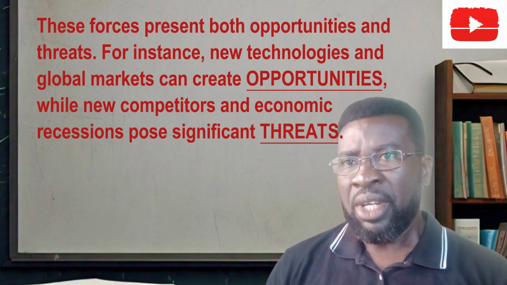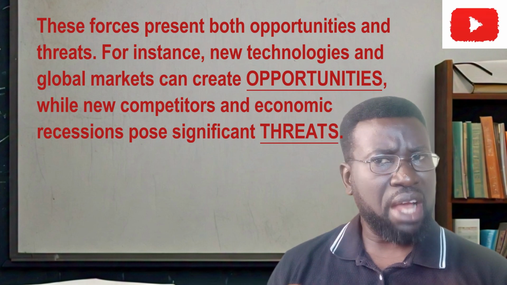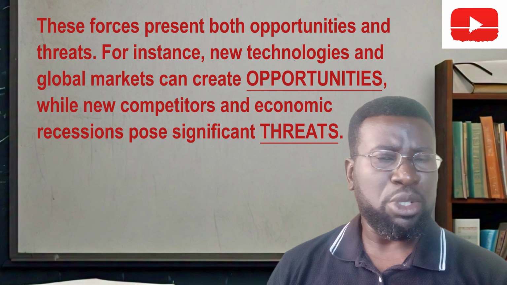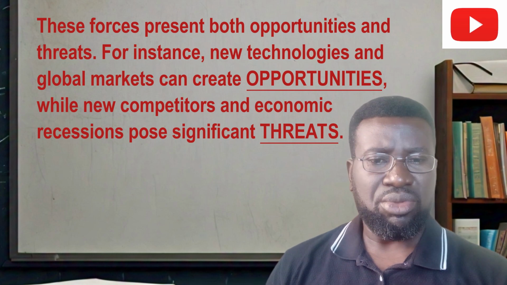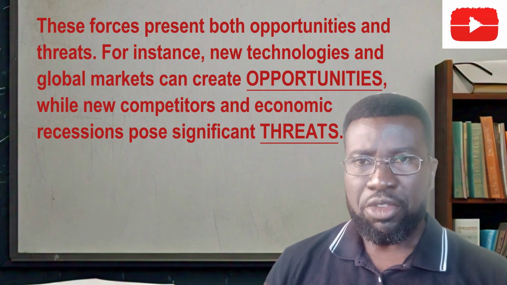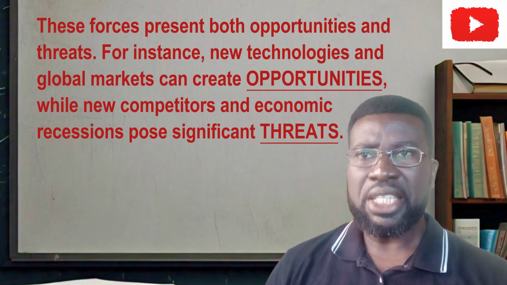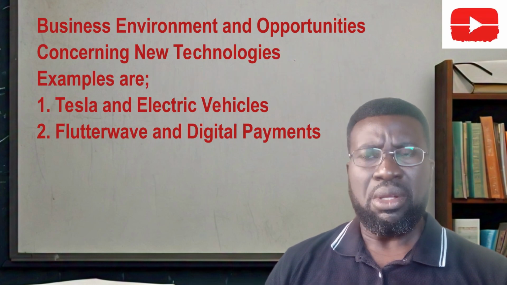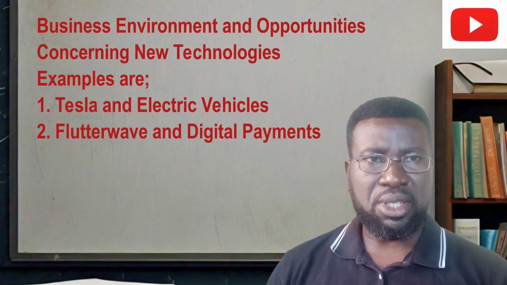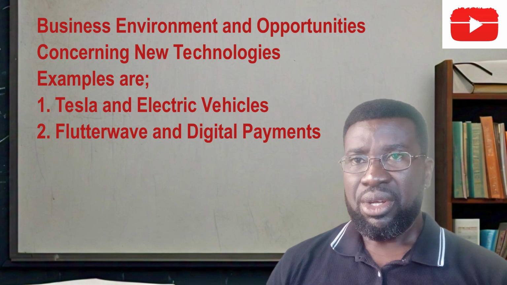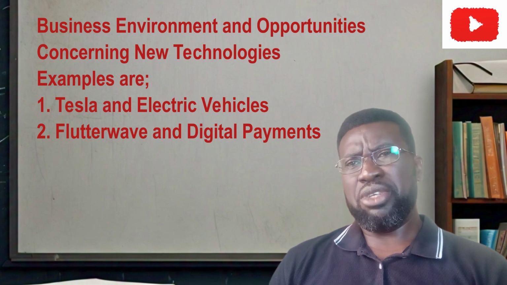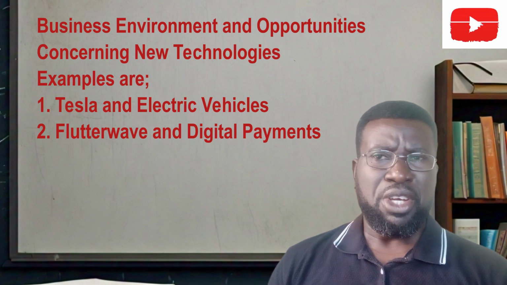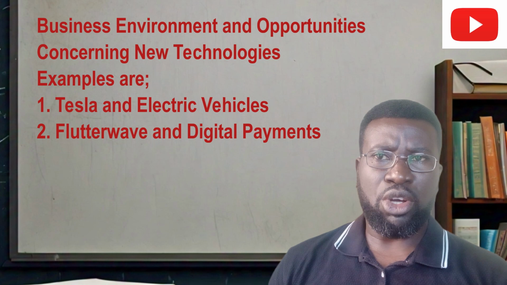Now let's highlight some real life situations concerning opportunities and threats as relating to the nature of the business environment. Let's start with the opportunities. Concerning the opportunities that a business can have, let's see new technologies, for instance. An example of this is the company called Tesla.